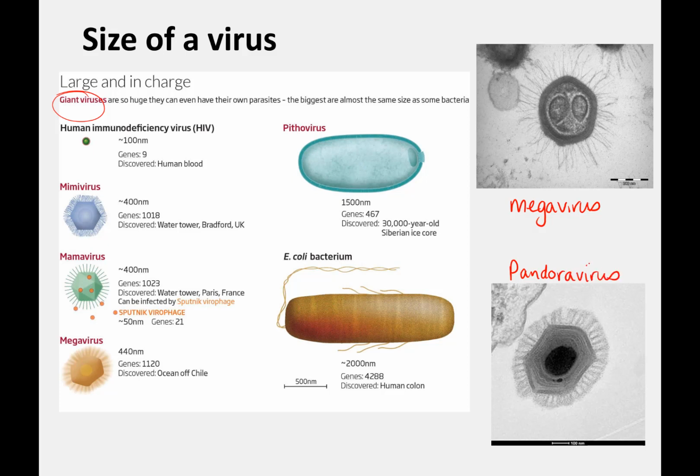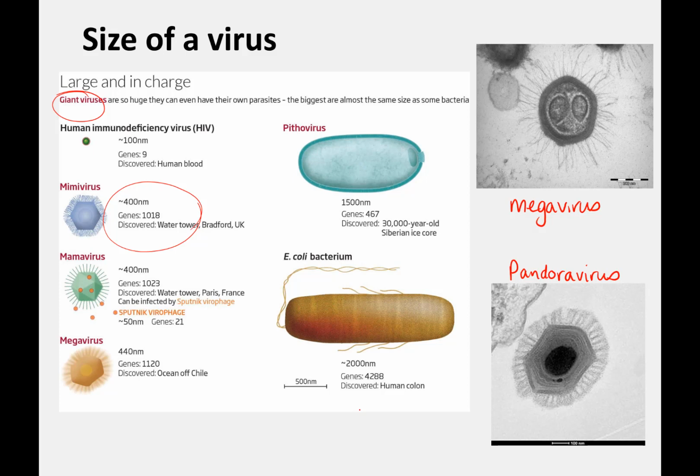I would love it if people wanted to look into one of these for their papers at the end of the semester. And we're just discovering, and these guys are similar in size, some of them, to bacteria. So you're getting close to a half a micrometer in size with these big mega mama mimi Pandora viruses.